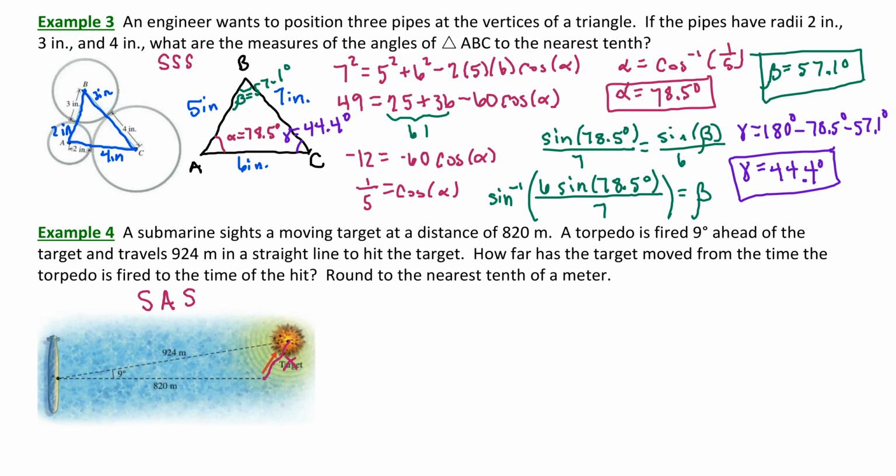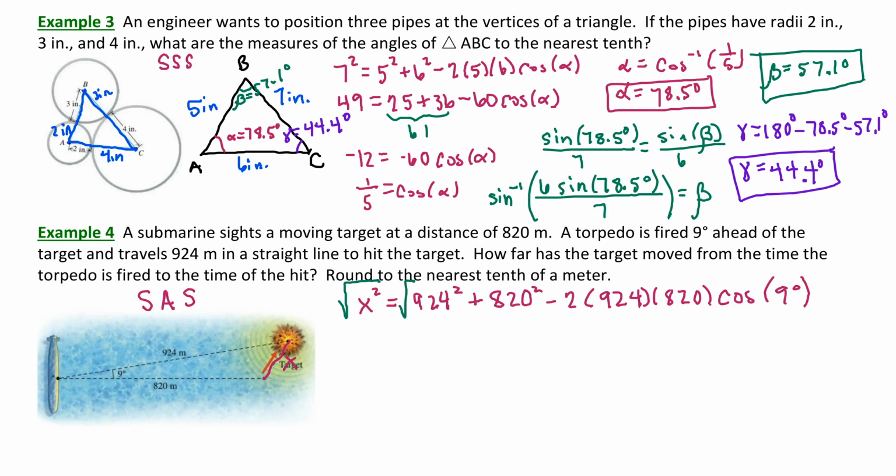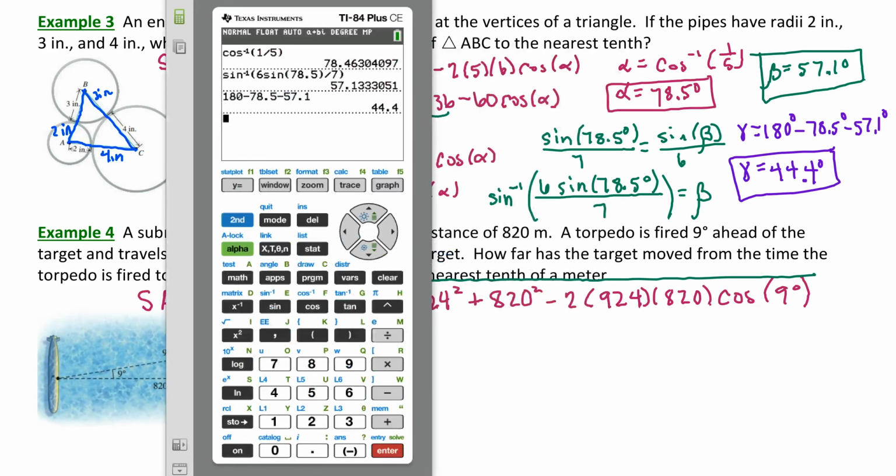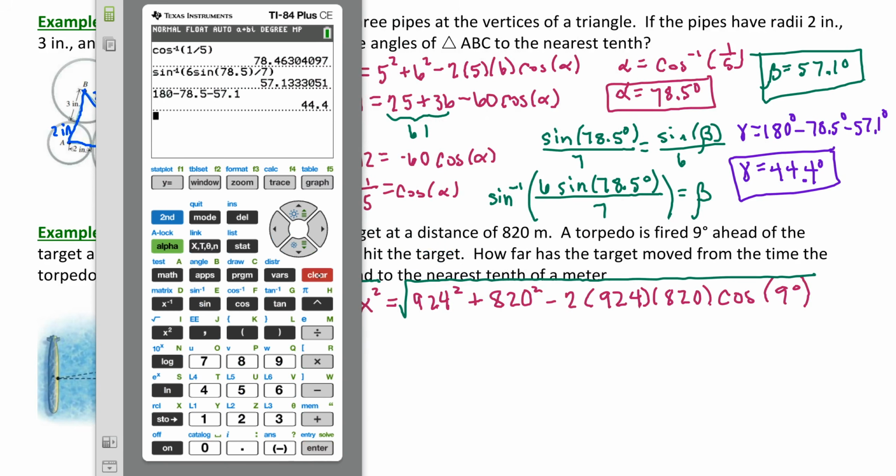We can solve for this distance x by setting the square of that distance equal to the sum of the squares of the other 2 sides. That's 924 squared plus 820 squared minus 2 times the product of those 2 numbers times cosine of the angle in between, 9 degrees. We can then solve for x by taking the square root of both sides. And remember, we're only recognizing the positive or the principal square root here, since it's modeling a distance.